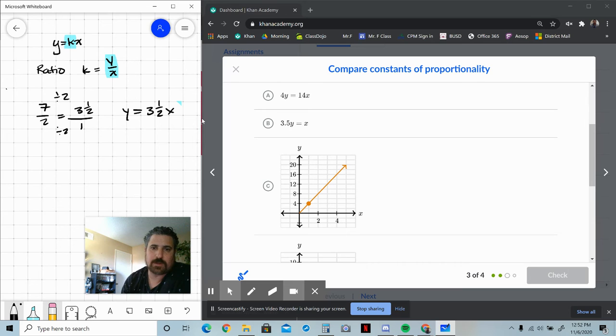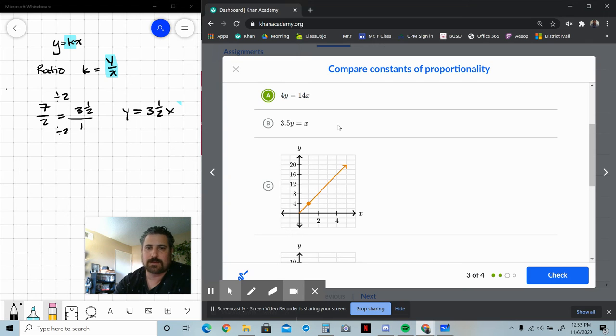So yes, that's the same. So if you divide both left and right side here by 4, you would get y equals 3 1/2 x. So that is correct. And it says to choose 3 answers. Now 3 1/2 y equals x, that's not correct because it's not 3 1/2 times the output equals the input. It's 3 1/2 times the input equals the output, right? So you've got to multiply the x by 3 1/2 to get the y.